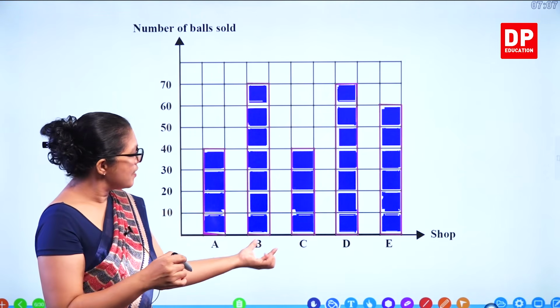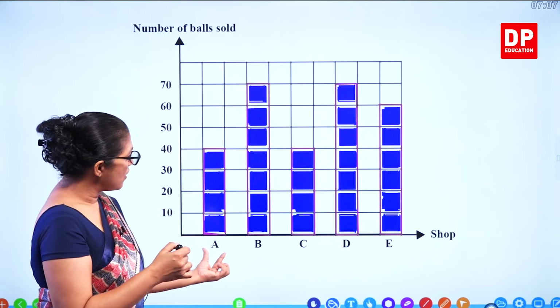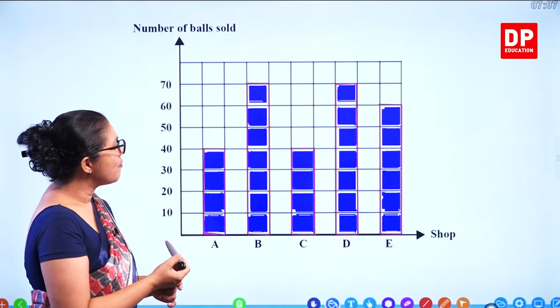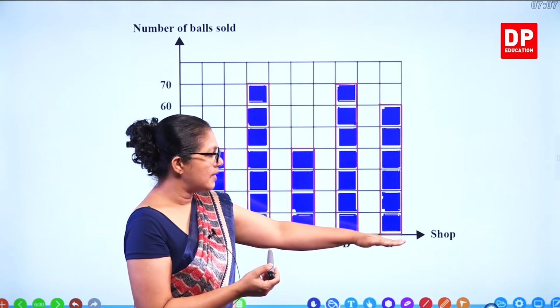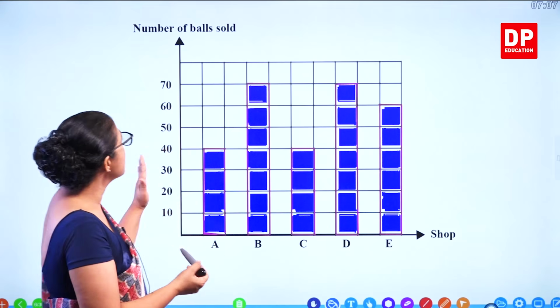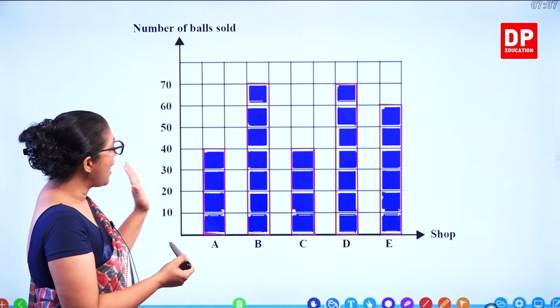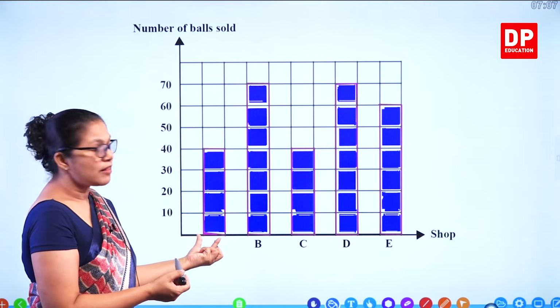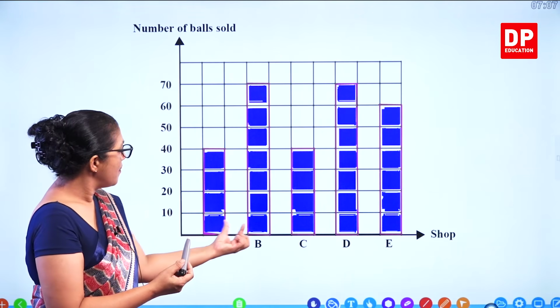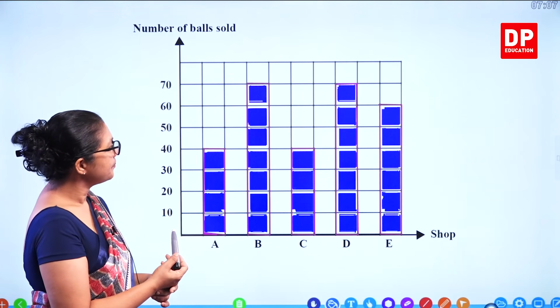So only differs the stall A, B, C, D like that. So in a column graph, make sure that you label the x-axis, the horizontal axis and the vertical axis properly, and then the width of the bar should be the same for each category.